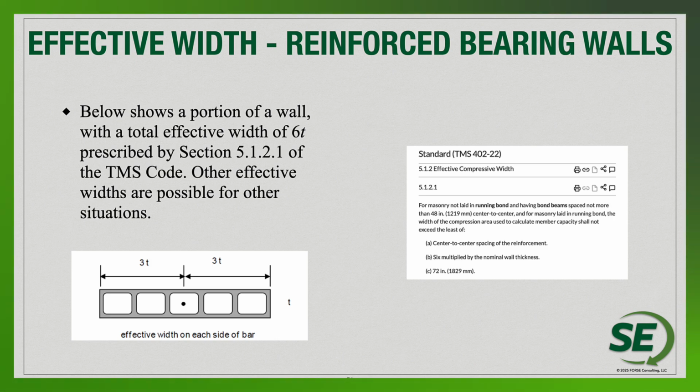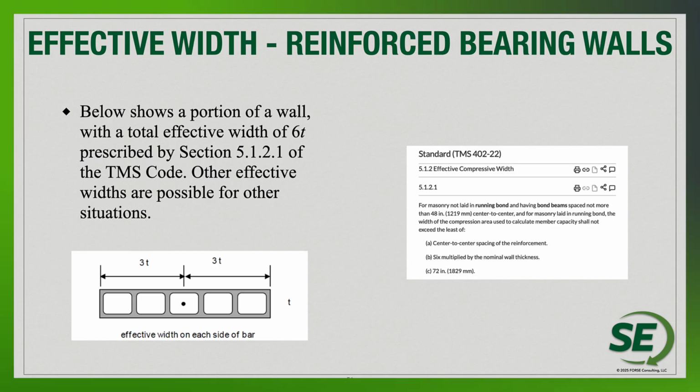So there is a limit to the actual width of masonry that you can utilize to determine the overall capacity for your design. That does not limit the spacing of the reinforcement to be 6T. It just limits the actual capacity side of the equation to that 6T for each bar of reinforcement.